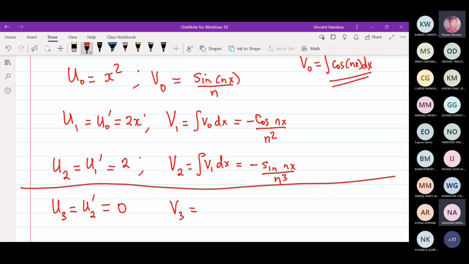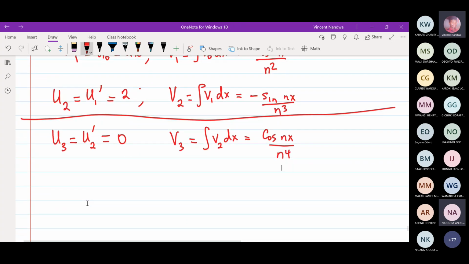Or if you like, you'll have to work out the integral of v2, which will give you cosine of nx over n power 4. But this is even not necessary, because at the end of the day, we'll need to multiply u3 and v3. Because u3 is 0, then times v3 is 0. So that term is not going to make any effect on the pattern. So we stop at that point.